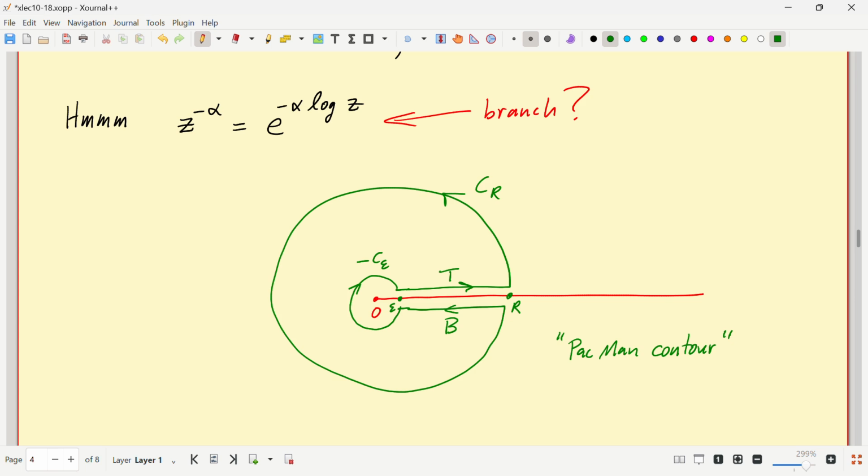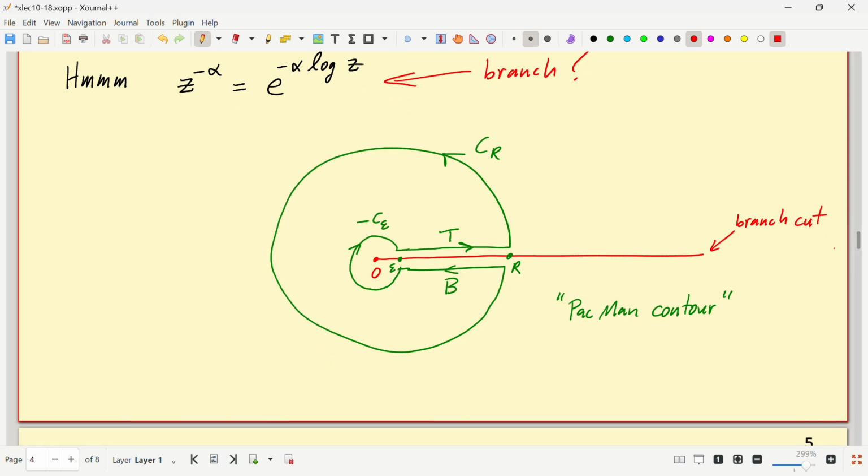That red line there is obviously screaming to be a branch cut. Then I'll have a function that's analytic inside and on that contour.